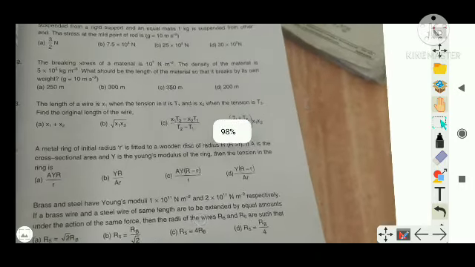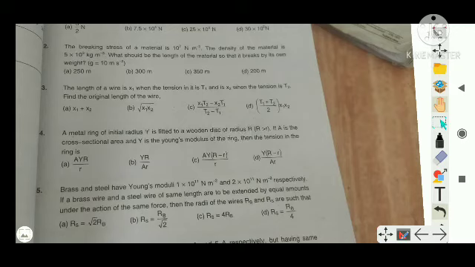Now the next question, the third one. The length of a wire is x1 when the tension in it is T1, and x2 when the tension is T2. Find the original length of the wire. So when tension T1 is there, the wire's length is x1, and when tension T2 is there, the length is x2.